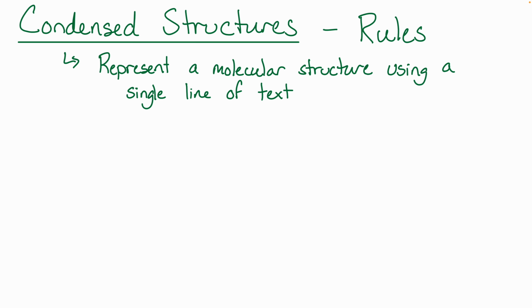Like I said, we don't put our lone pairs on our condensed structures, or we could if we wanted to, but generally when you encounter these, you won't see lone pairs on there, and that's because you don't have an O with a lone pair button on your keyboard, right? So this is really popular when we encounter it in a textbook, or if we want to search a database or something like that.